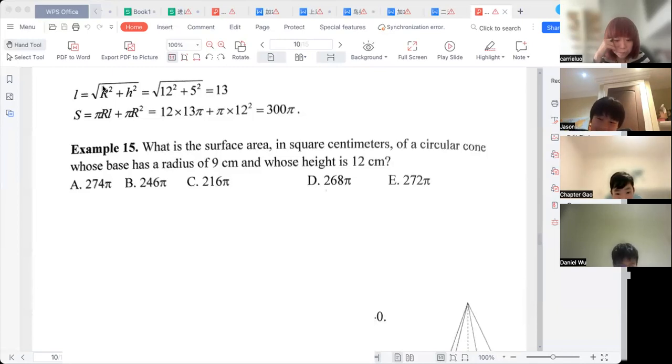Okay. Teacher, I am very sure, 110% sure that the answer is C.